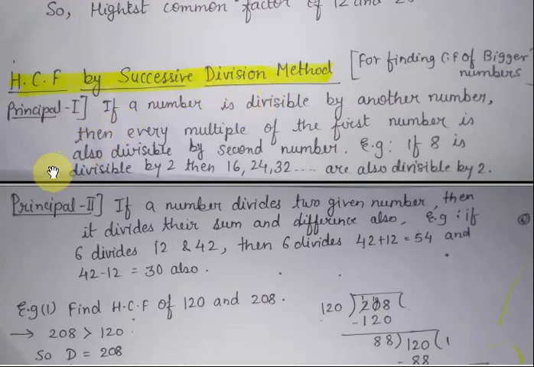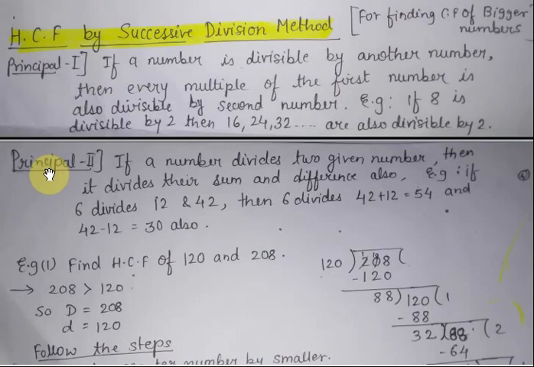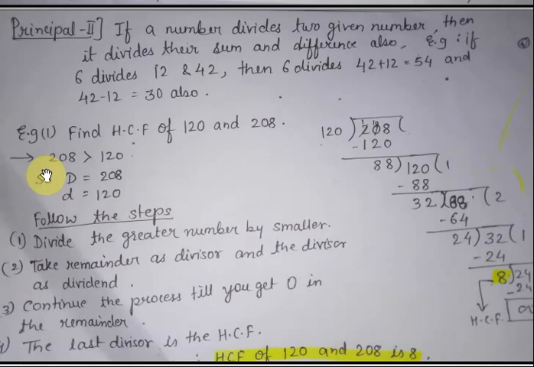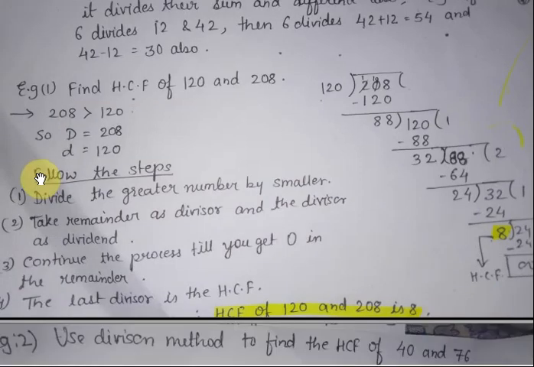Now let's see how we will find HCF by using the successive division method. Let's take one example: find the HCF of 120 and 208 by using the successive division method. See carefully, students, you have to follow these steps.